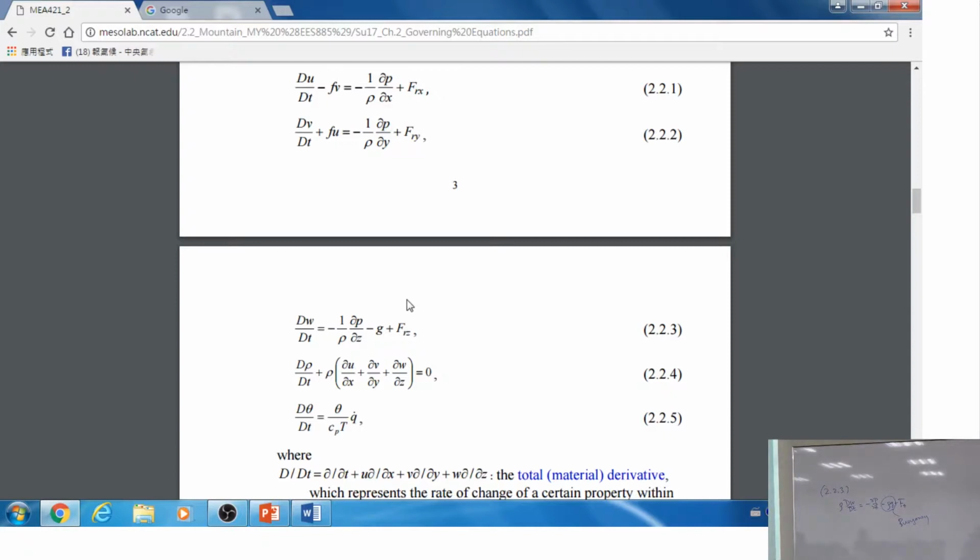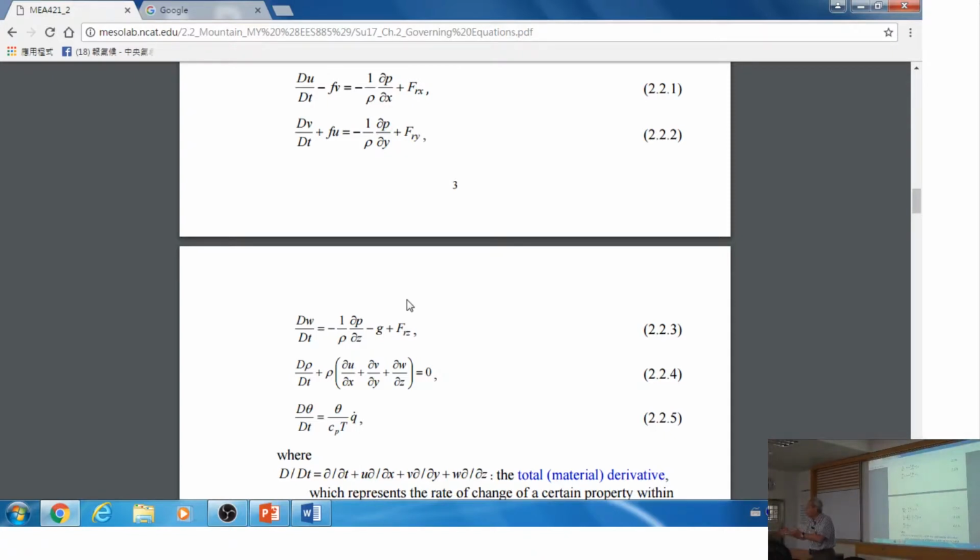For example, if an air parcel here is heated up in some way, maybe by radiation, what's going to happen? It's going to be lighter compared to the environment, right?